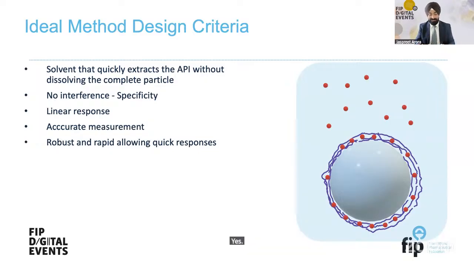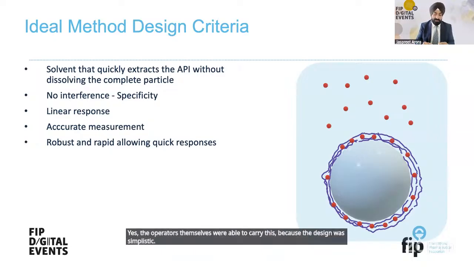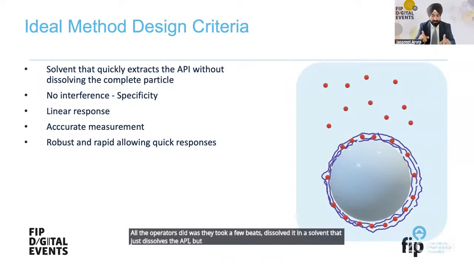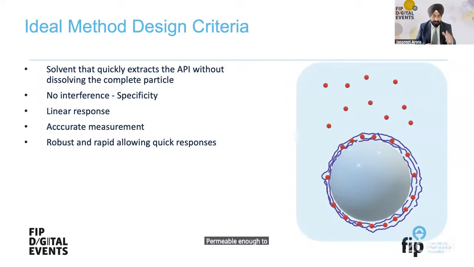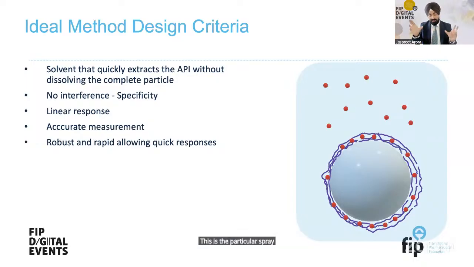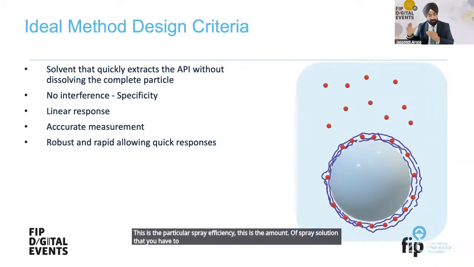Yes, the operators themselves were able to carry this out because the design was simplistic. All the operators did was they took a few beads, dissolved them in a solvent that just dissolves the API, but makes the polymer permeable enough to let the API dissolve, quickly filter it, run a UV, and the software tells you, okay, on this particular day, this is the particular spray efficiency, this is the amount of spray solution that you have to spray to get close to your percent label claim.